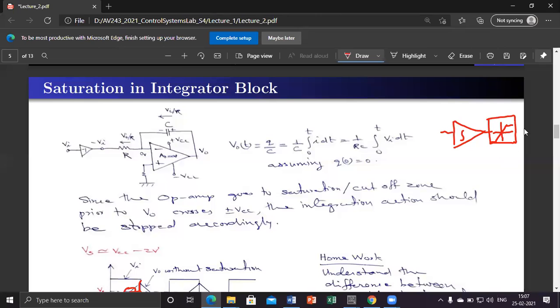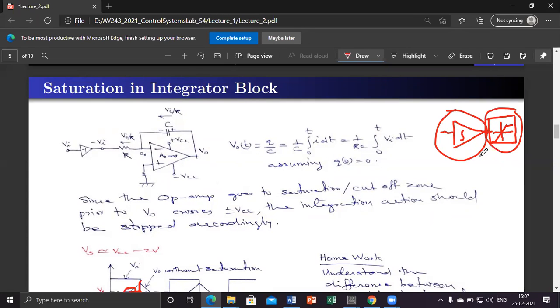This is called a saturation or limit block followed by an ideal integrator. This is the ideal integrator, and the saturation block follows it. But this is not the actual physical integrator with internal limits.